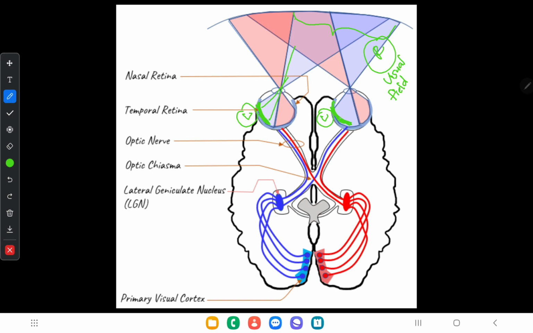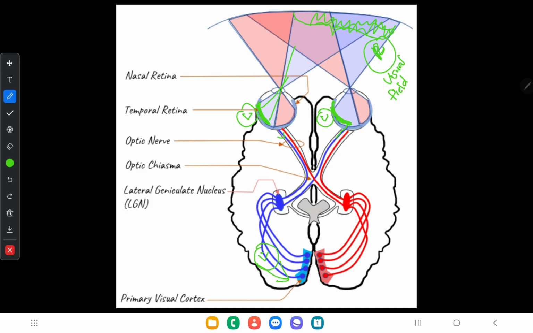Hope you understand. Now, see the blue fibers from the left retina of the right eye, and here the blue fibers from the left retina of the left eye. Those fibers come to the left visual cortex. But this left visual cortex sees the right visual field.